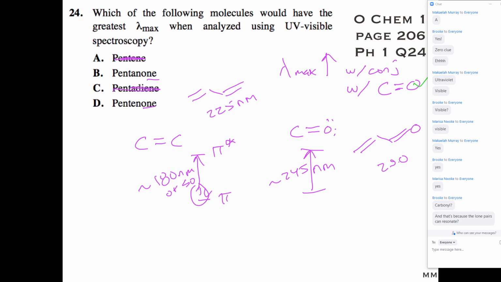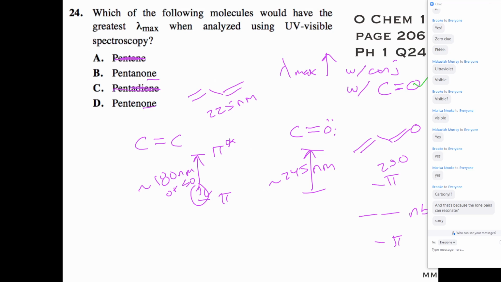And then the second part, which one of these has conjugation? Yes, the lone pairs can resonate. And actually, they can't resonate in the system, but it really comes down to this, and I'm kind of dodging, and I shouldn't. I should be more forthright. Lone pairs are referred to as non-bonding electrons. So your transition ends up being from non-bonding to pi. So it ends up being a smaller gap.